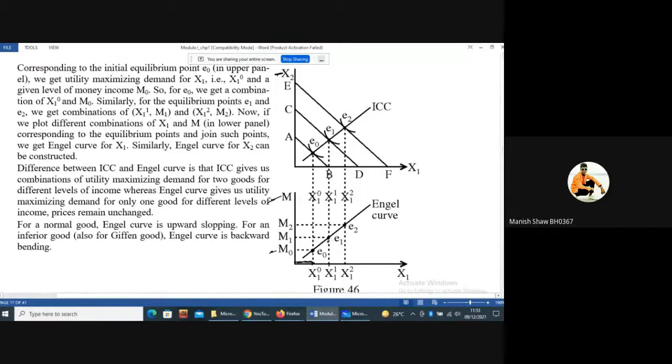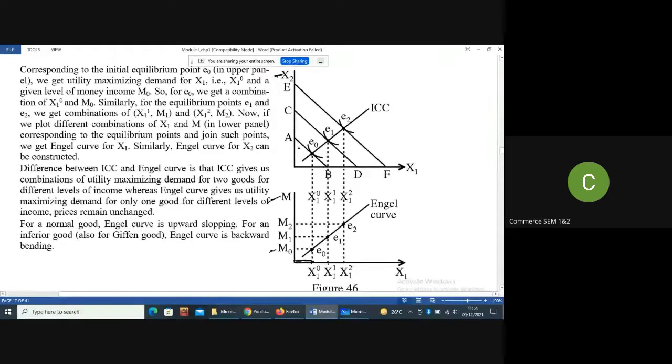Yes, sir. So what is the difference between ICC and Engel curve? From the ICC curve, any point, E0 or E1 or any other point on the ICC curve, will give you the equilibrium amount of X1 and X2. So from point E0, you can say that this is the equilibrium amount of X2 and this is the equilibrium amount of X1. Similarly, for this point, you can say this is the equilibrium amount of X2 and this is the equilibrium amount of X1.